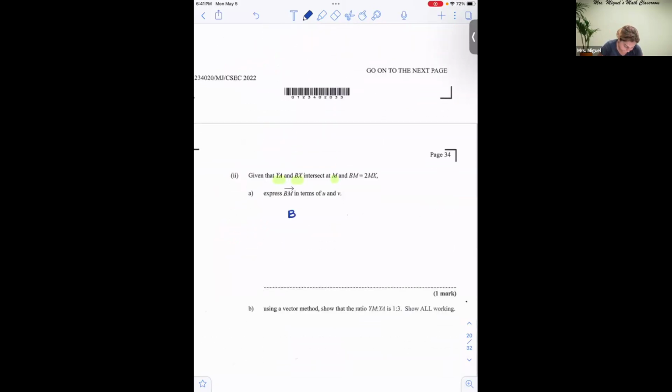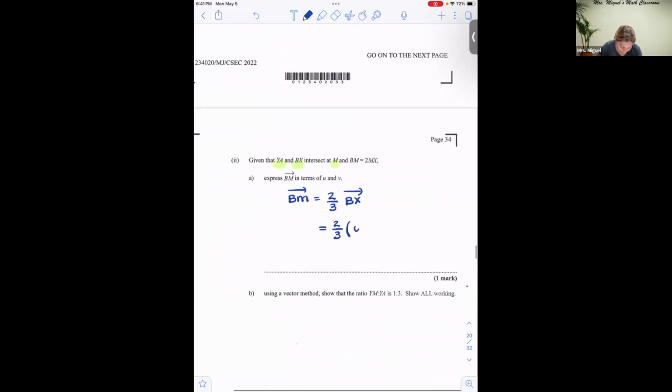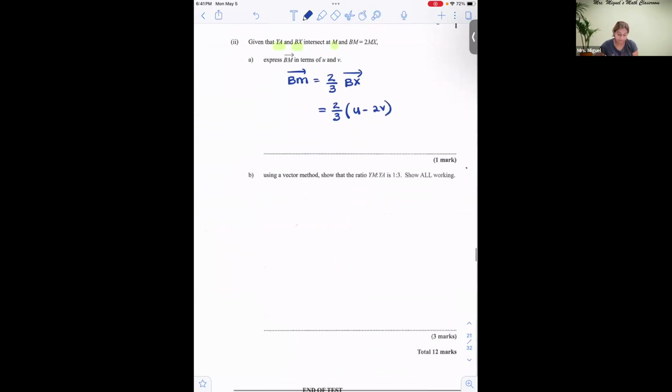So BM is 2/3 of BX. So I want you to multiply 2/3 by everything in the bracket here, U minus 2V, and write it. Go ahead. Just multiply everything in the bracket by 2/3.